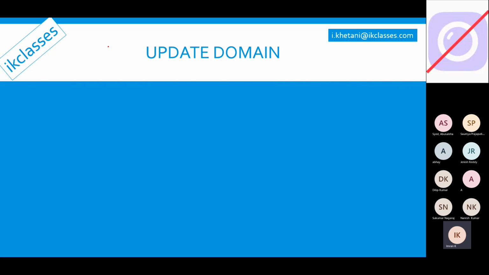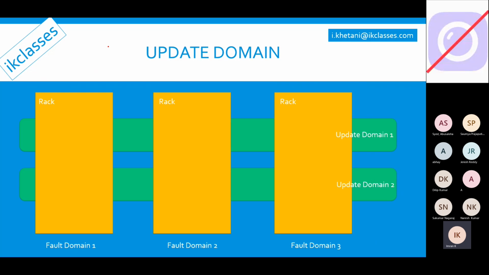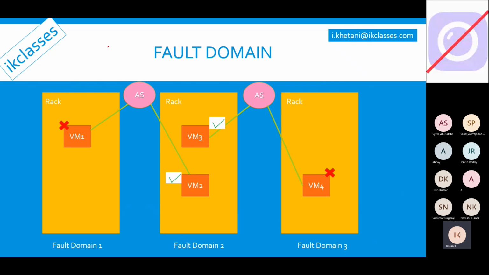Okay, the next concept to understand about availability sets is update domain. Now we have secured our VMs from the fault domains, from single point of failure. So if a rack fails, we have distributed our VMs in different racks, so we are secured from that point of view. But what if Microsoft is doing the patching and these three racks get patched together?